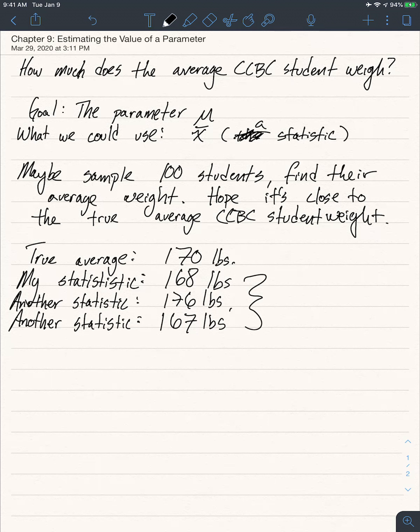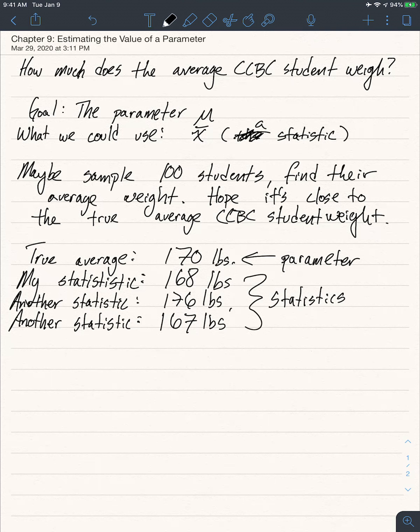So these statistics, we hope each individual, me and those two other people, would hope that it's close to the parameter. That's kind of what the course was based off of, right?